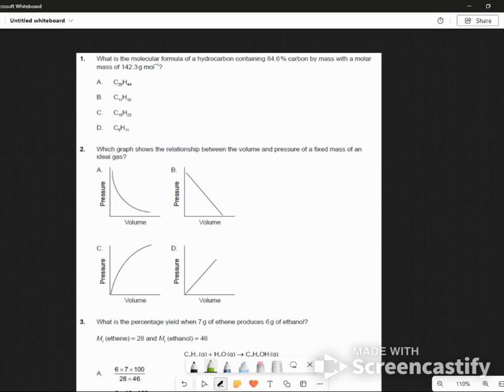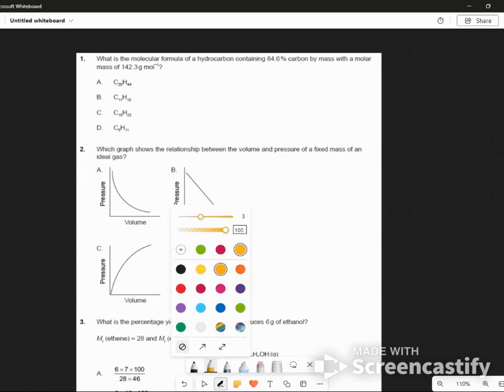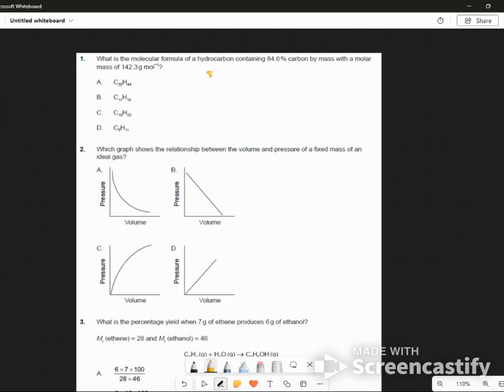What's the molecular formula of a hydrocarbon containing 86.6 carbon and a molar mass of that? Now, here we go. I'm going to do this quickly. Obviously, it's going to be 84.6 of carbon. And how much hydrogen? That's, I'm doing this in my head, 15.4% of hydrogen.